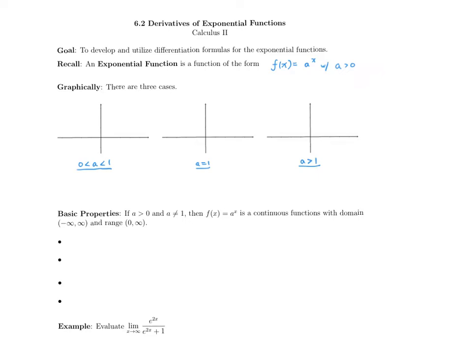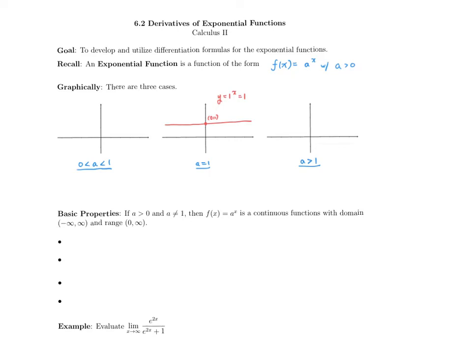The simplest case is in the middle. When a is equal to 1, our function is simply y equals 1 to the x, and 1 raised to any power is 1. So in that sense, we get an awfully boring graph for our exponential function. It is the horizontal line y equals 1, and it has a y-intercept of 1.